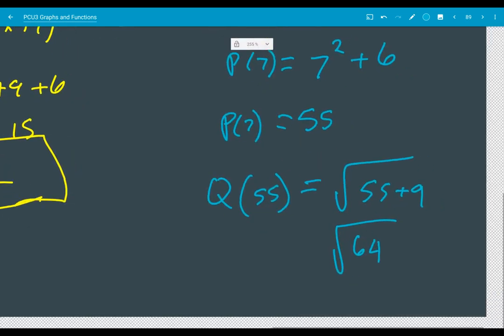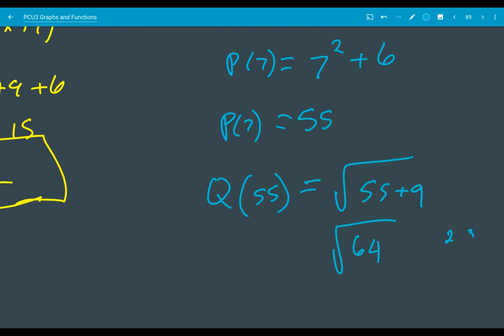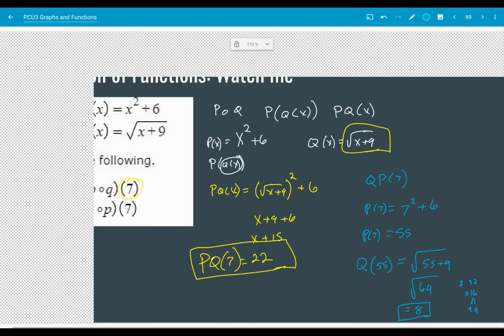And then the square root of 64, which is 4 times 4, I should have known this, is 8. So that's your solution to the second one.